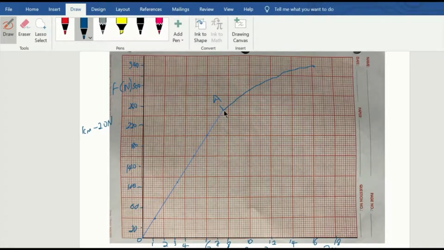So this point where the line begins to bend is called the limit of proportionality.